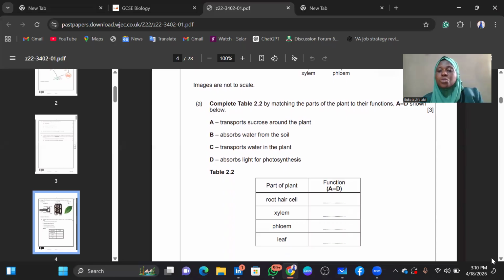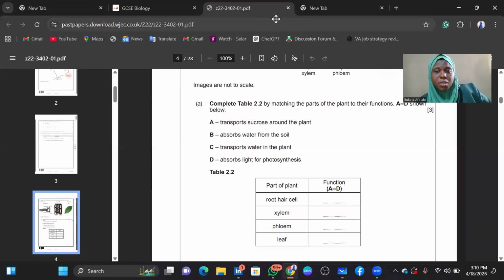So now, key notes, things to remember. We should remember that plant cell and animal cell differ because of the cell wall, the vacuole, and the chloroplast. That's the major difference between the plant cell and the animal cell. So with this, we've come to the end of the class.